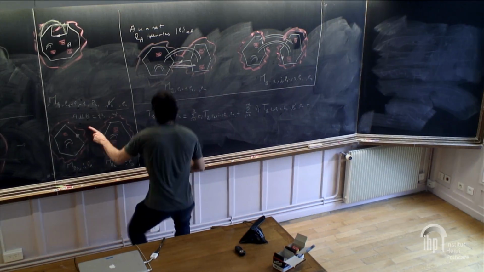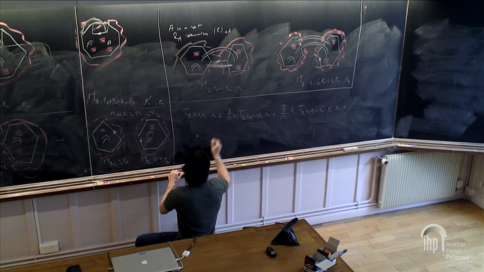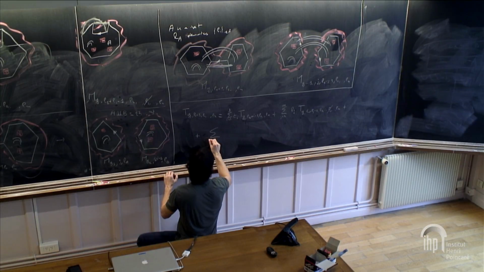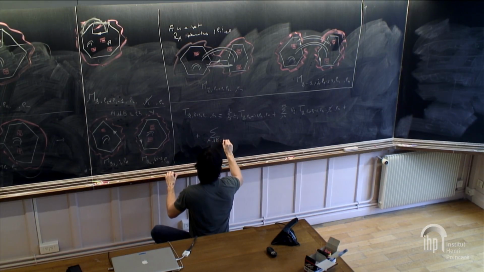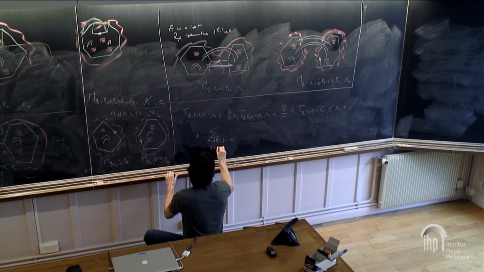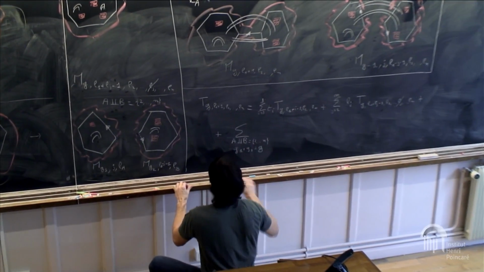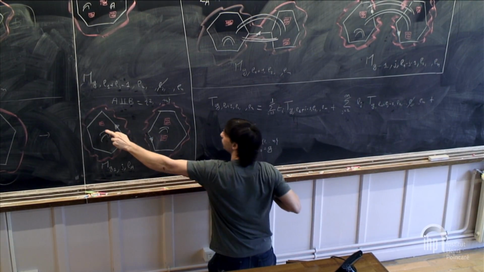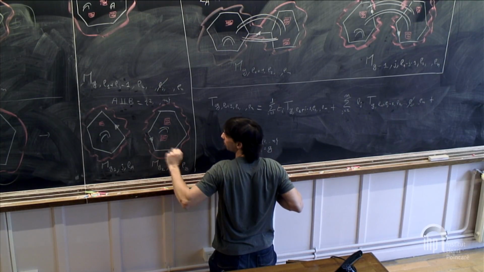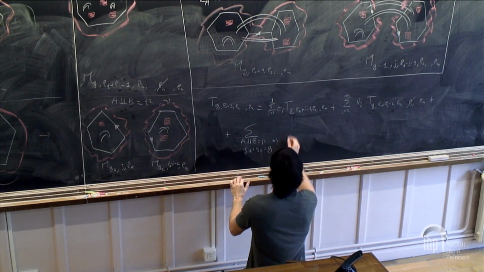Now, in this one, I'm considering all possible partitions of the set 2 to n, and the decomposition of g into g1 and g2, so all possible ways of distributing other boundary components and other handles.